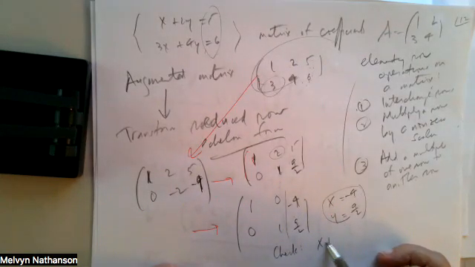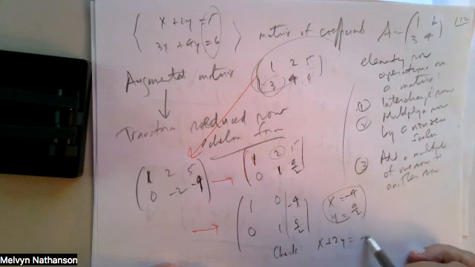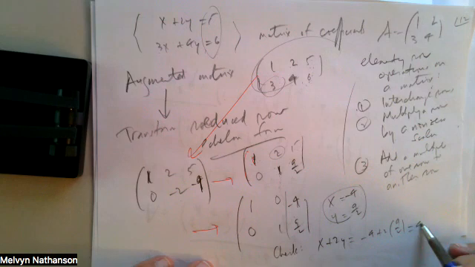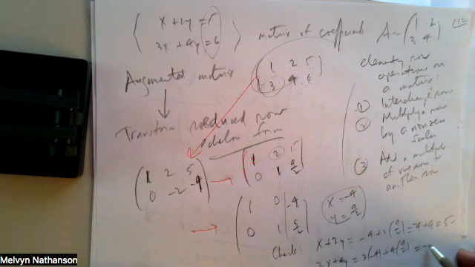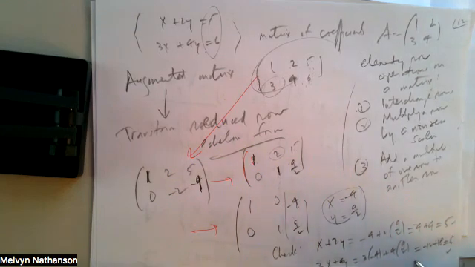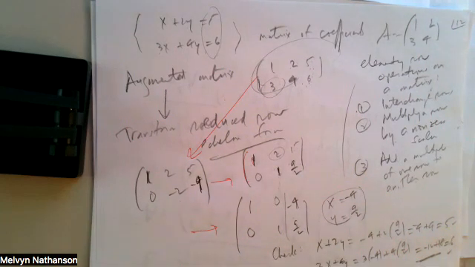If I plug into the first equation, x plus 2y, I get minus 4 plus 2 times 9 halves, which is minus 4 plus 9, which is 5. That checks. In my second equation, 3x plus 4y, this is 3 times minus 4 plus 4 times 9 halves. This is minus 12 plus 18, and that is 6. So that's correct too. So it worked out.